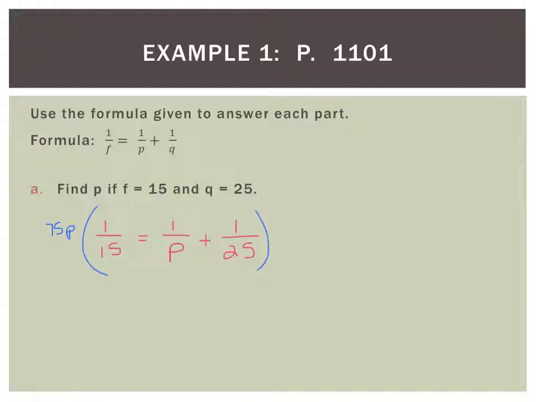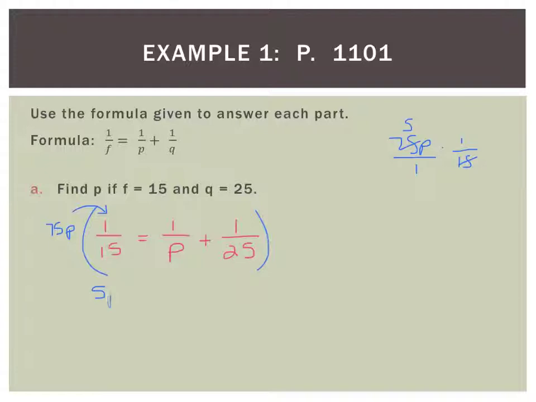And then of course I have to multiply by the p also, because it's something that they can all multiply to. So when I multiply 75p times 1 over 15, the 15 goes into 75 5 times, and that cancels the denominator.